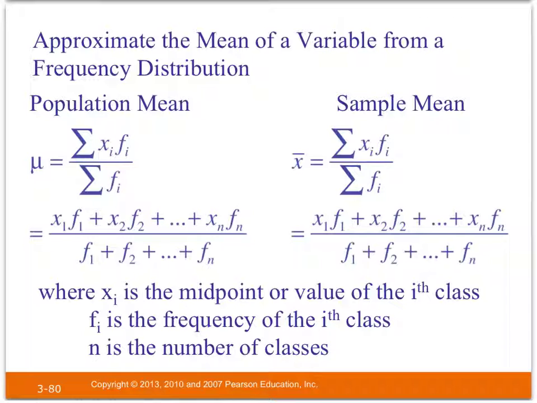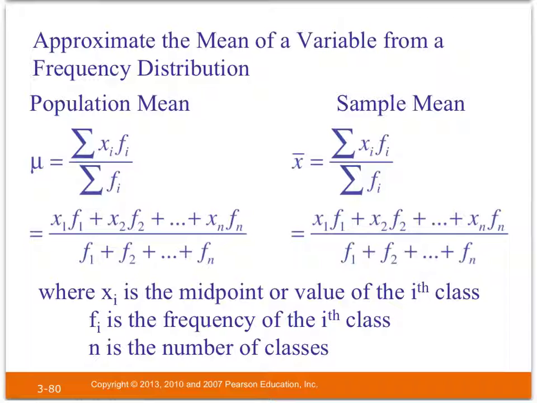Now, the first thing we need to do before we can approximate anything is talk about the mean of the variable. And again, we want to talk about population mean mu, sample mean x bar, okay? We have some things that we need to define about this. Now, as you know, mean takes the values of the data, adds them up, and divides by the number of data points. But with frequency distributions, we don't actually have the data points.